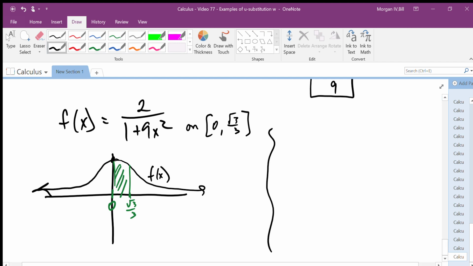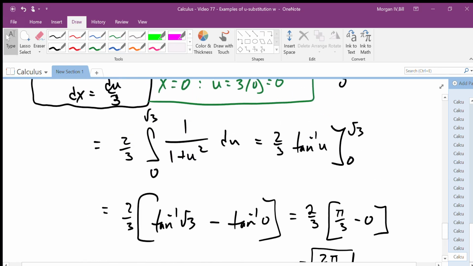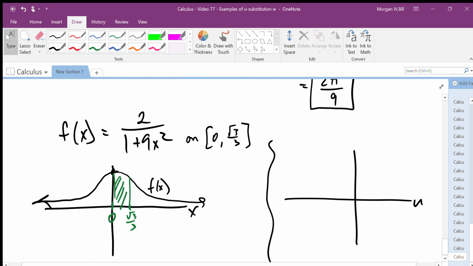Now, when I switched over to u's, right, this was x, now I have u. The function became, right here, 2/3 times the inverse tangent of u. Inverse tangent, remember, has horizontal asymptotes at negative pi over 2 and pi over 2.